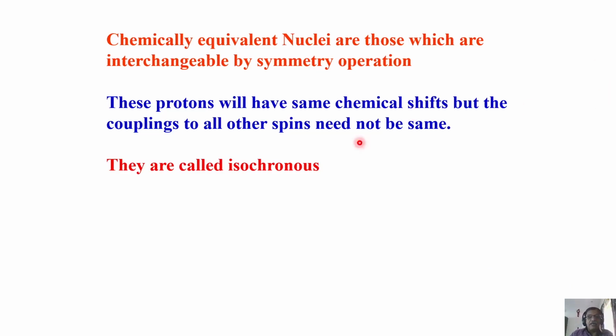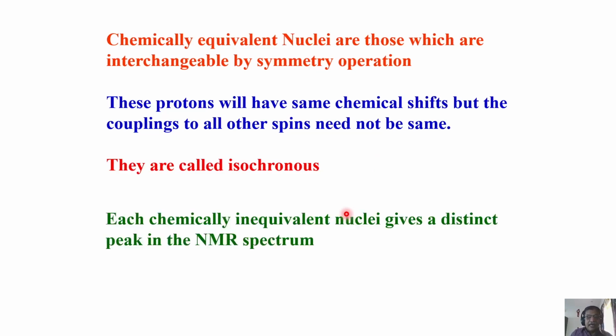And such protons which are chemically equivalent will have the same chemical shift, but the coupling to other spins need not be the same. What is the coupling? I will not even introduce scalar coupling. I only gave some introduction when I introduced interaction parameters. We will come to that later. But remember, coupling may be different, but so long as they are chemically equivalent, they are called isochronous nuclei. Okay, they are called isochronous.